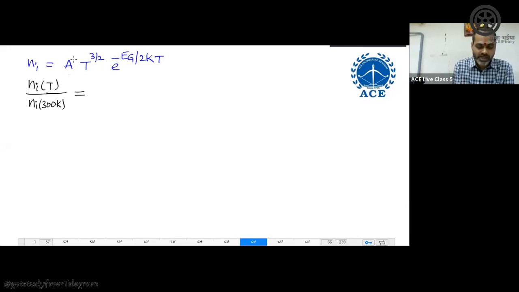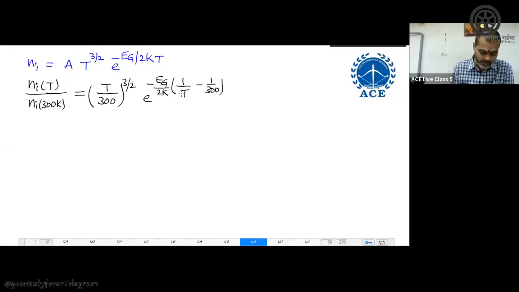So A will get cancelled. What I can write here: T divided by 300 whole power 3 by 2 e power minus Eg by 2k into 1 by T minus 1 by 300.